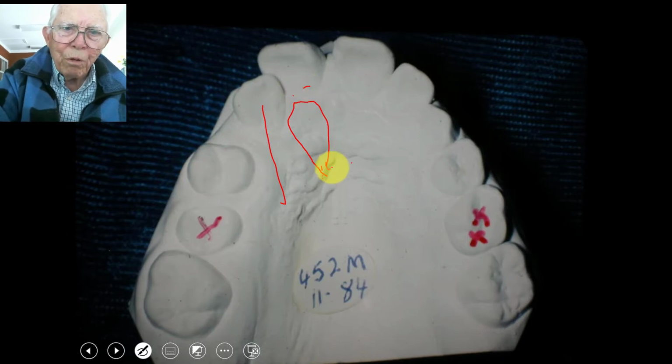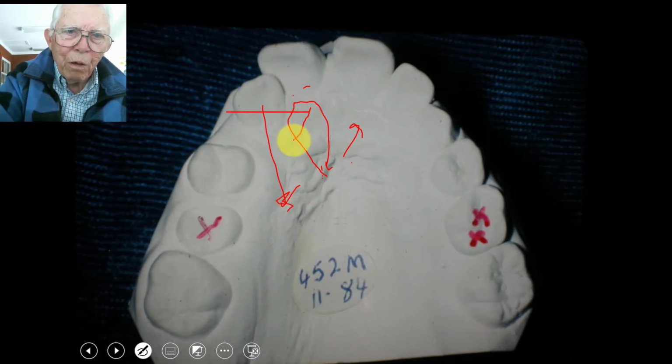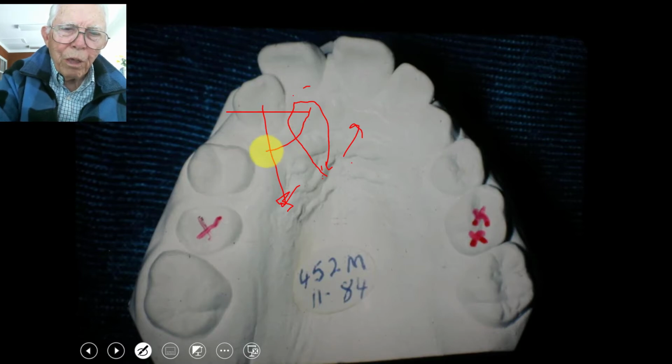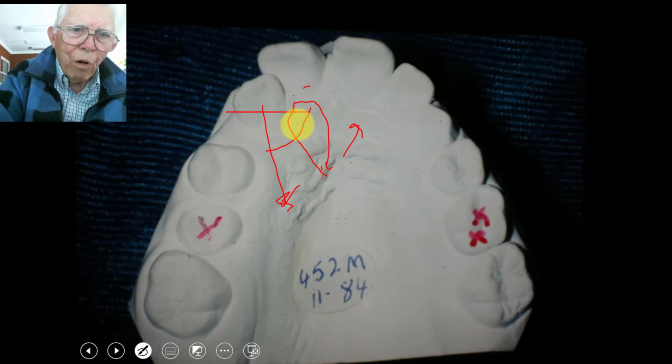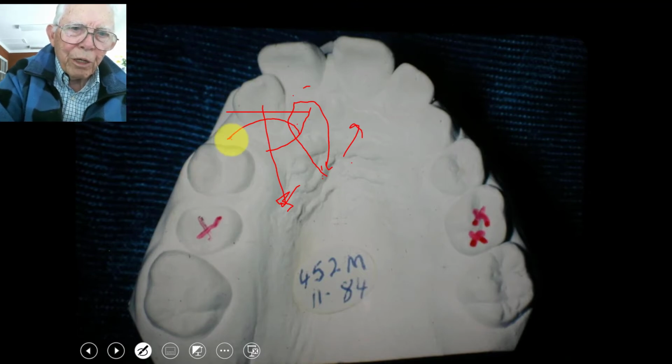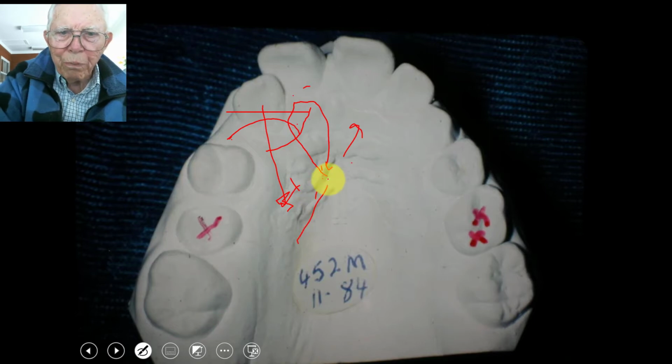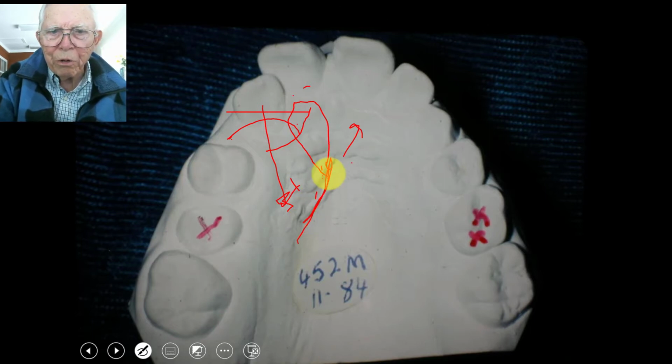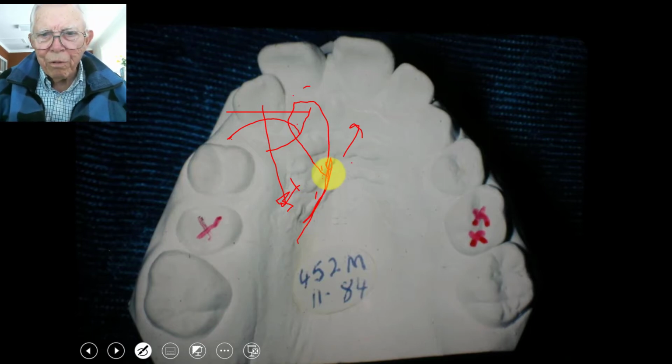The central root is pushed forward, the lateral root is pushed back here. So we're going to try to drag this cuspid over here, and we'll probably have to come over the top of the lateral root to do that and let the lateral get way out toward the palate. You'll notice the palate is extended out here on this side right there.